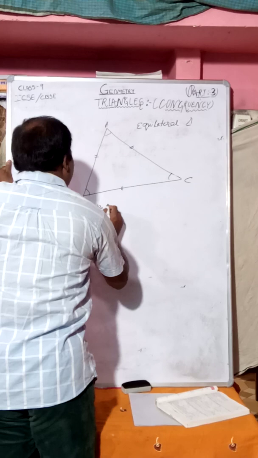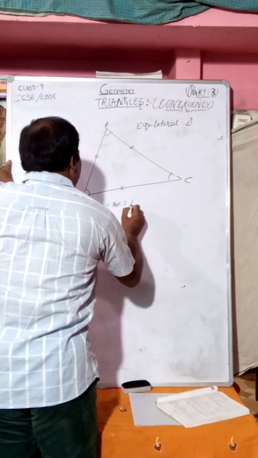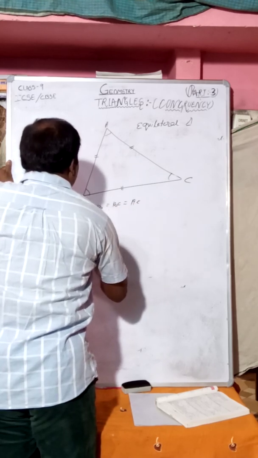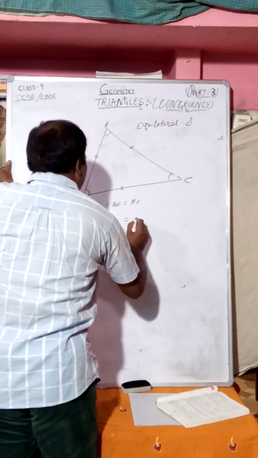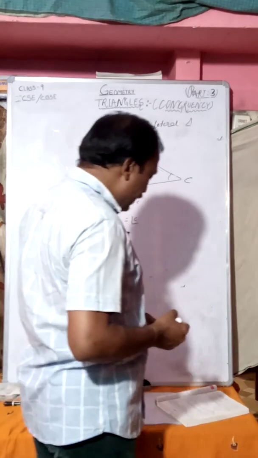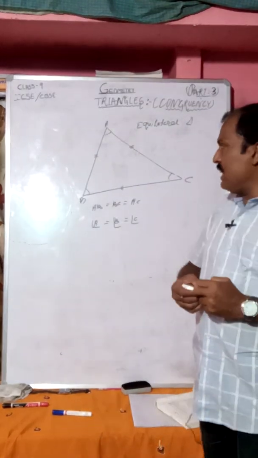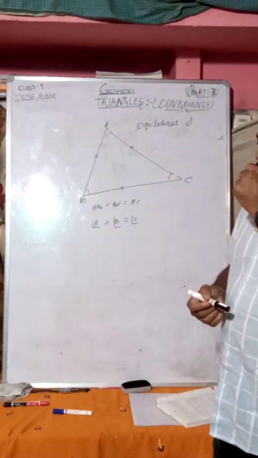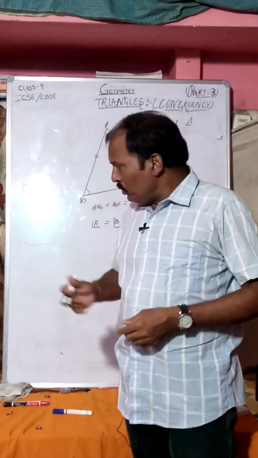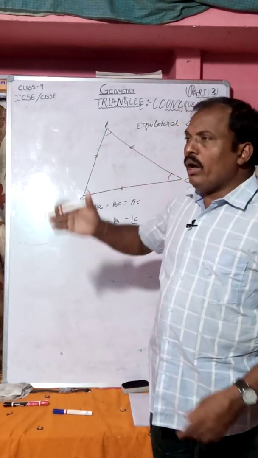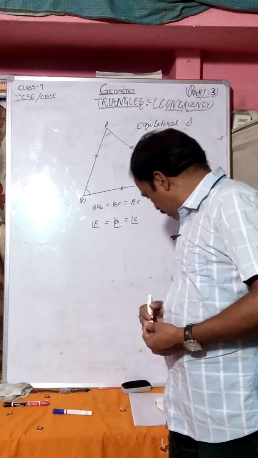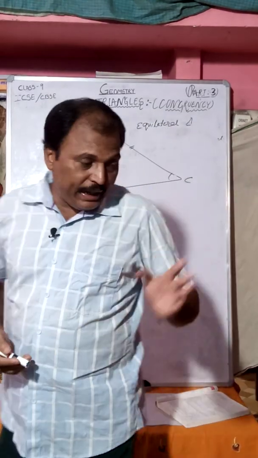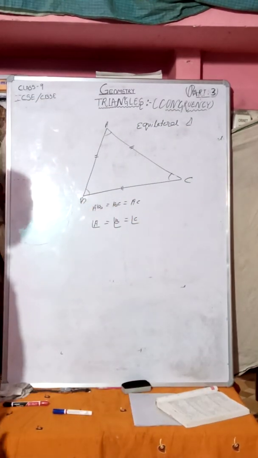If AB is equal to BC is equal to AC, then angle A is equal to angle B is equal to angle C. All sides equal, all angles are equal. So all sides are equal or all angles are equal. Now take a screenshot.